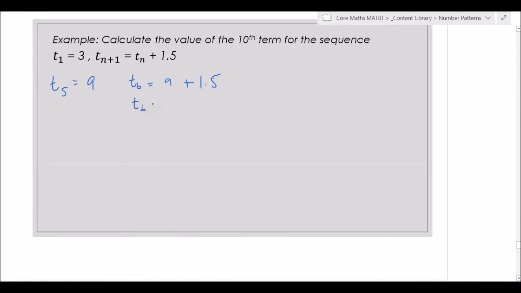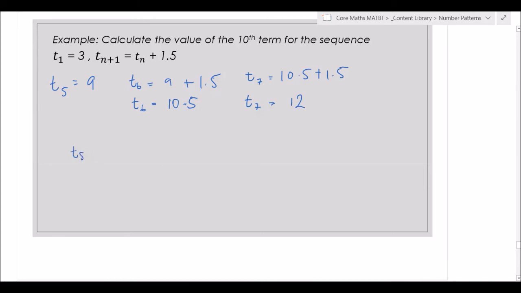So term number 6 should be 10.5. Term number 7 would be term number 6, which is 10.5, plus 1.5. So term number 7 should be 12.